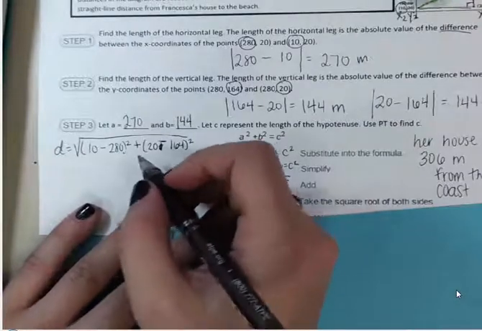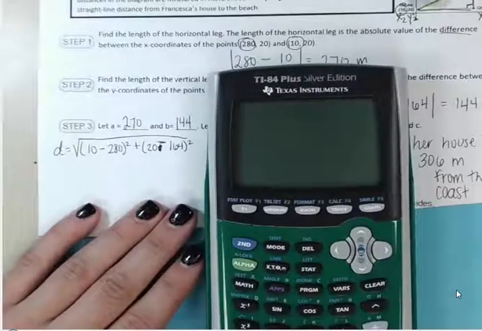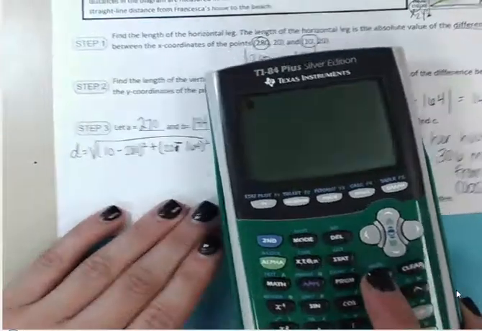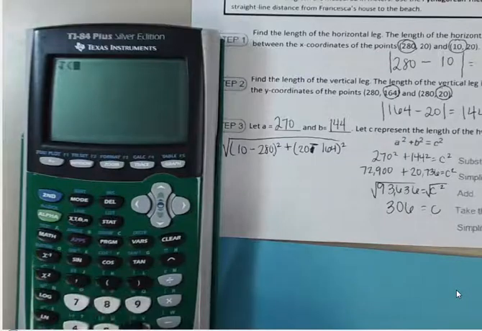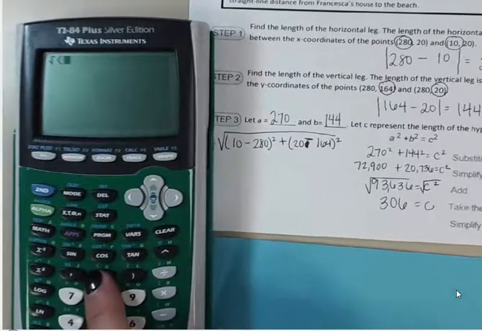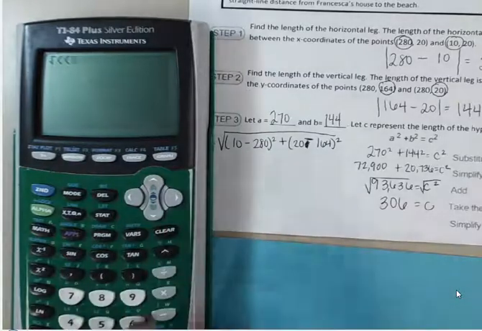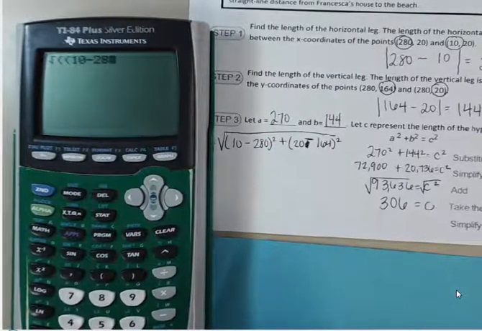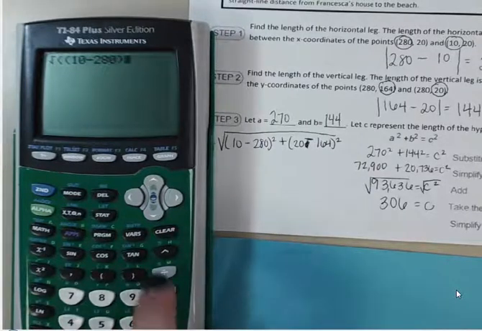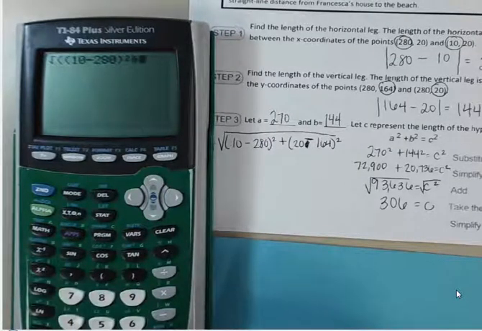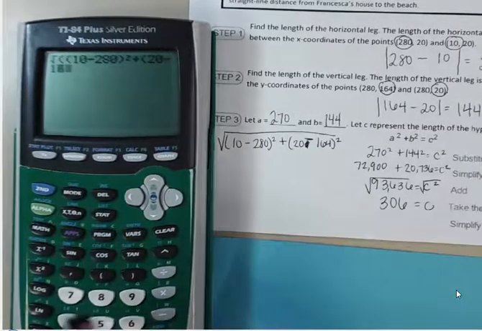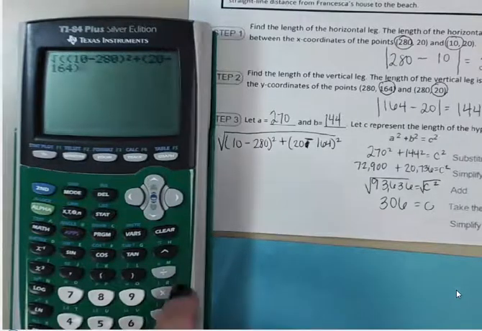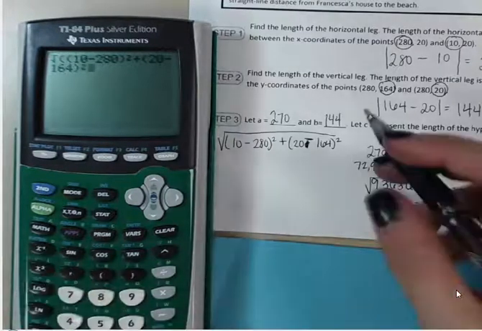So, if you put it in your calculator, because we get a calculator, so why not use the calculator? You can literally type everything in at once, as long as you keep your parentheses and everything straight. So I'm going to do a parenthesis, do 10 minus 280, and I'm going to square that, plus, do another parenthesis, 20 minus 164, close that parenthesis, square that one, because that's where that came from.